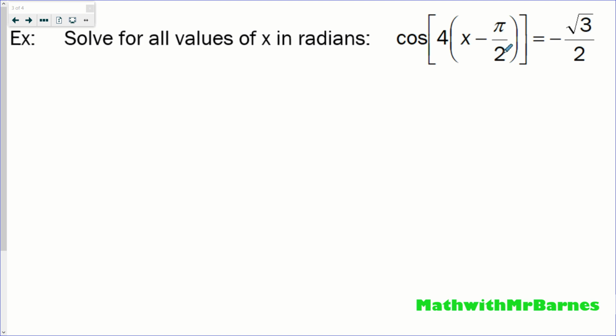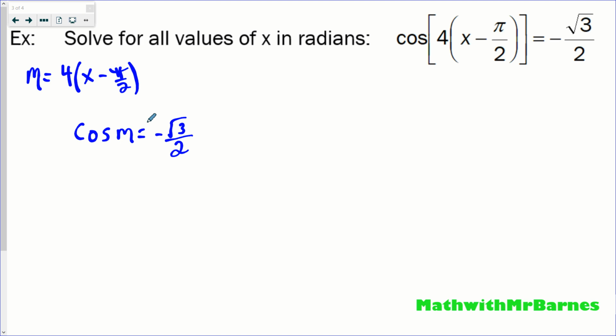Because this is so complicated, I like to call that big complicated thing m. So 4x minus pi over 2 is my m value. That entire thing inside the cos function is m. So now I can rewrite my cos, replacing that big thing with m, and that's equal to negative root 3 over 2.